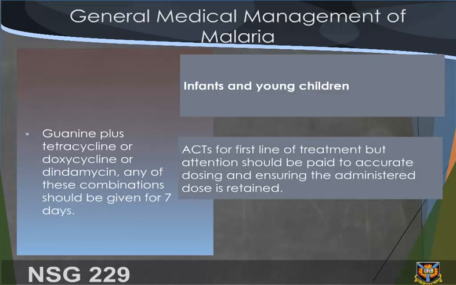Quinine plus tetracycline or doxycycline or clindamycin. Any of these combinations should be given for 7 days. Infants and young children: ACTs for first-line treatment, but attention should be paid to accurate dosing and ensuring the administered dose is retained.